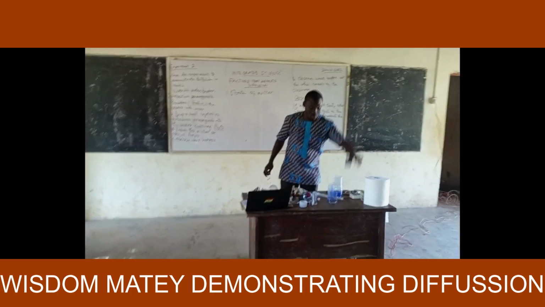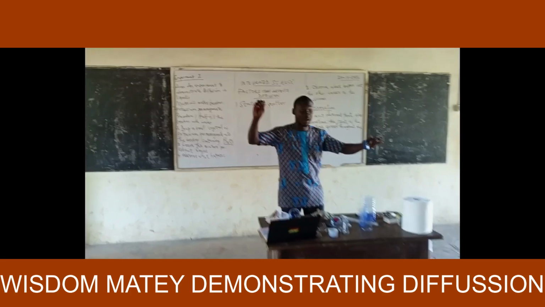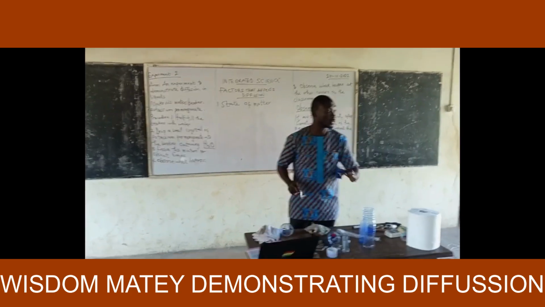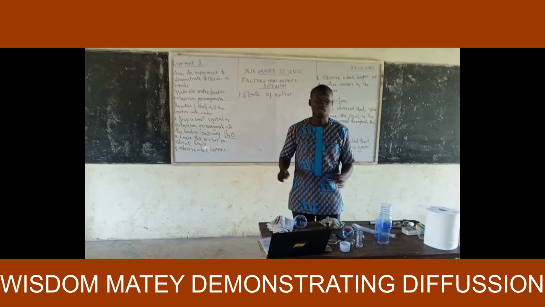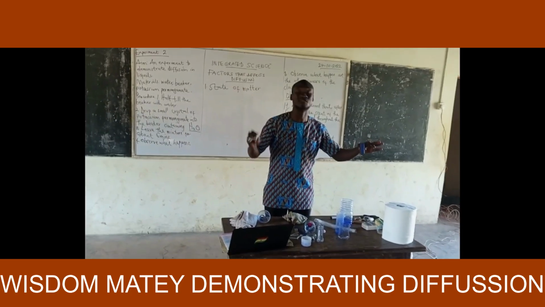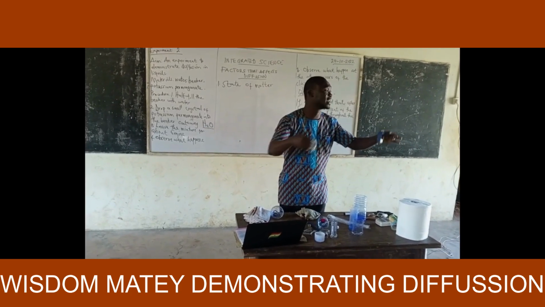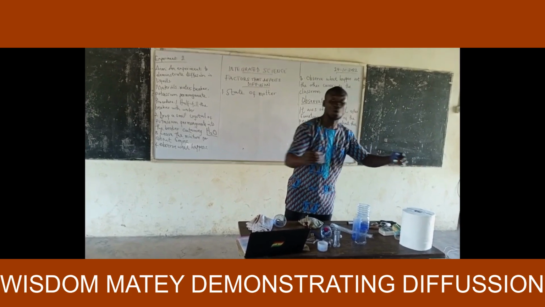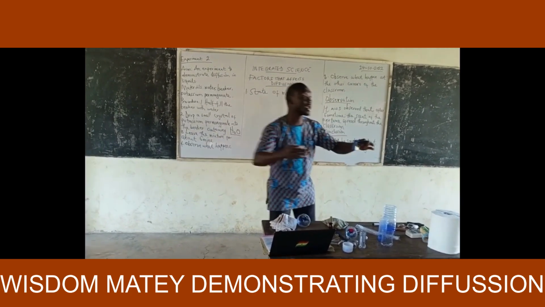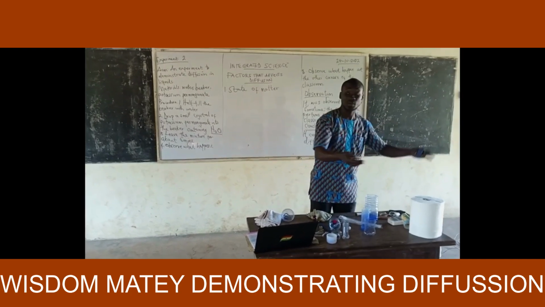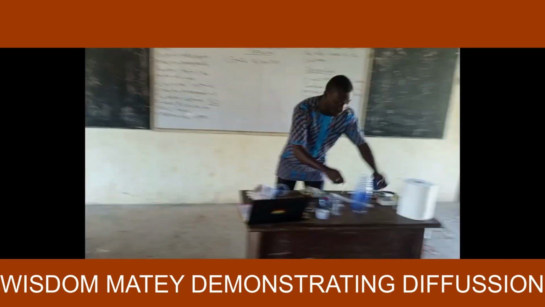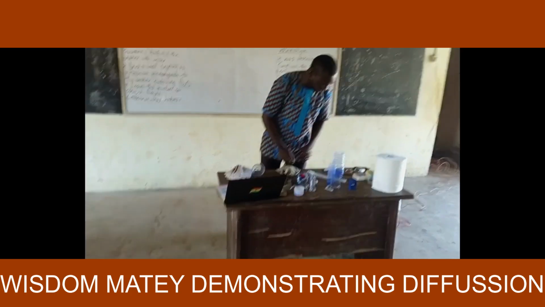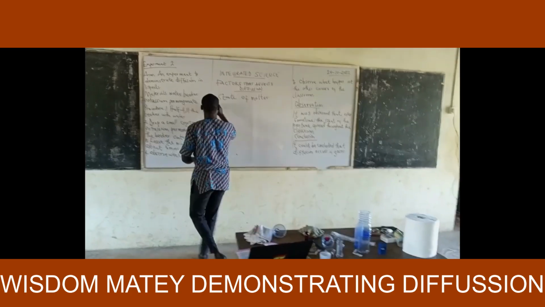We have ground this one into the powdery form. So how fast this will be able to diffuse, or how these two will be able to dissolve, depends on the size of what? The particle.